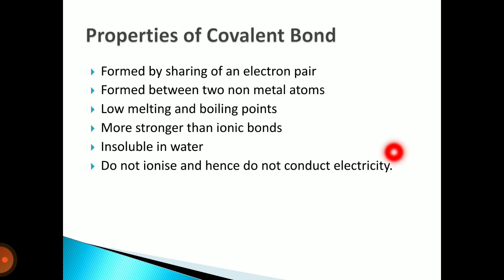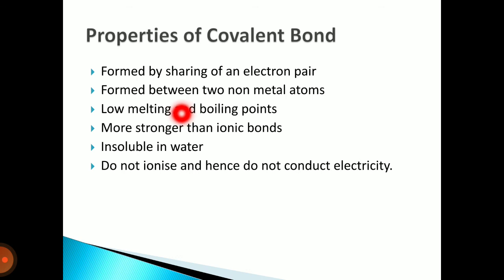Properties of covalent bond and its compounds. Covalent bond is formed by sharing of an electron pair. So equally, both the combining atoms contribute an equal number of electrons which are shared mutually by both the combining atoms.